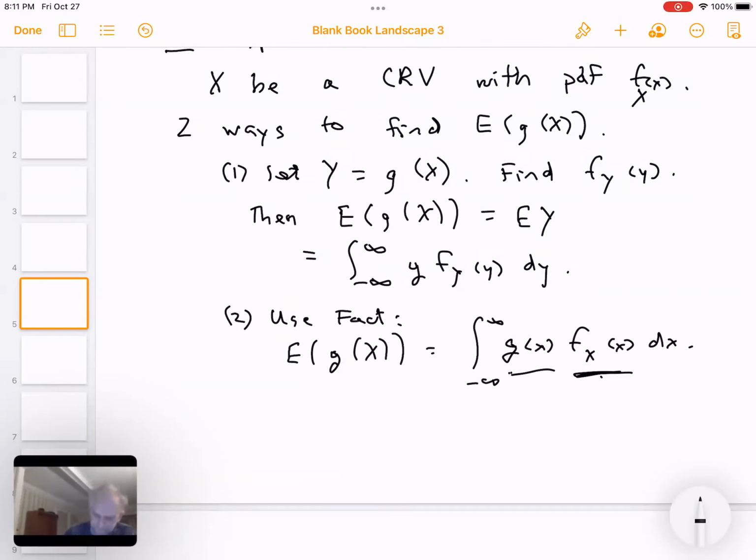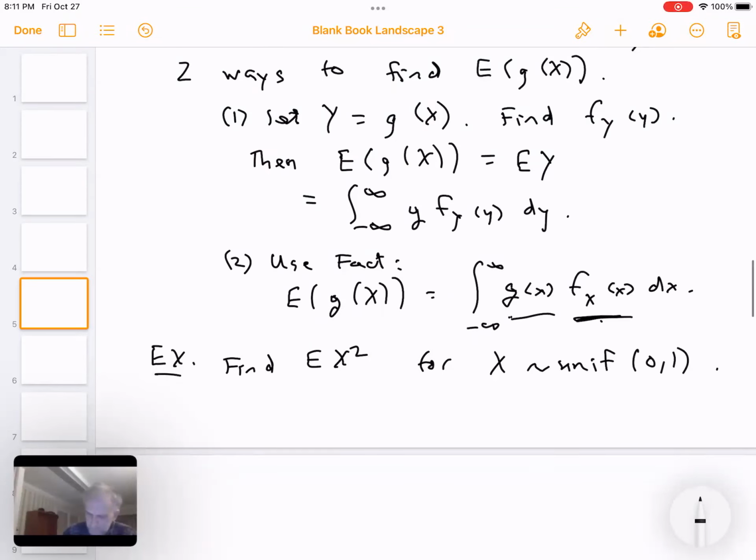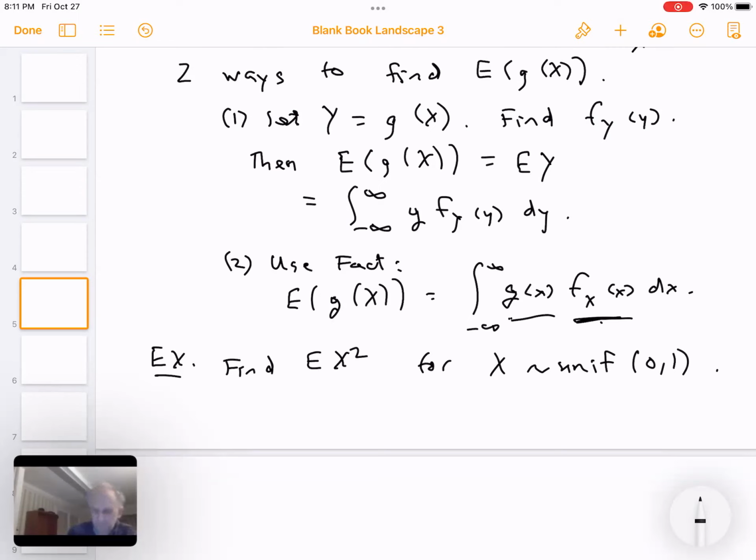Example. Find E of X squared for X uniform on 0, 1. Okay, we're using 2.